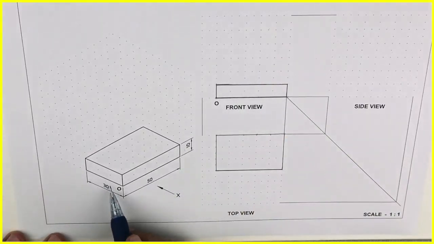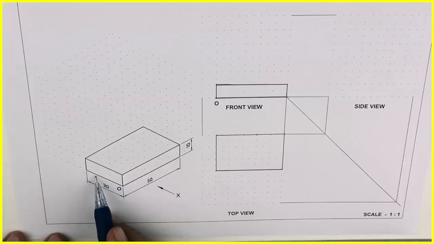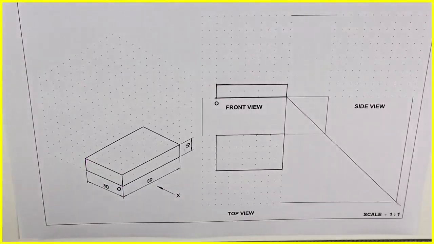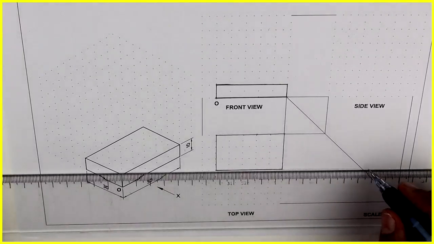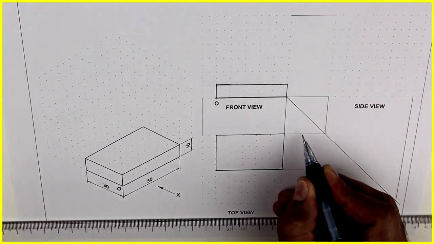Now we need to draw the side view. We can see width and height in side view. So we need to draw this. So 30 by 10. This is what we will see in side view, left hand side view. So what we will do, first we will draw a line from the top view. See this.